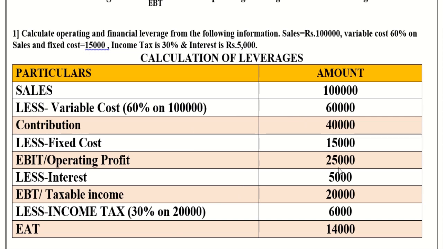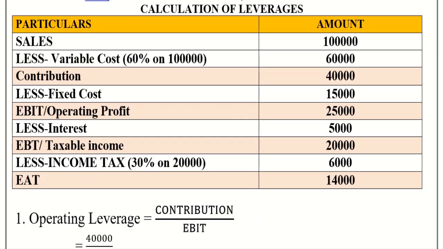You'll take the first leverage, that is operating leverage. So operating leverage equals, what is the formula there? The contribution divided by EBIT. So operating leverage formula, contribution divided by EBIT. So let us see this contribution in this income statement. Here contribution is 40,000 and the operating profit is 25,000.